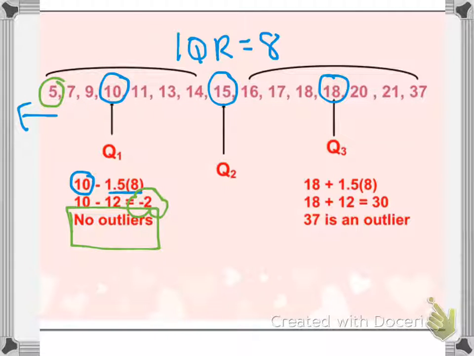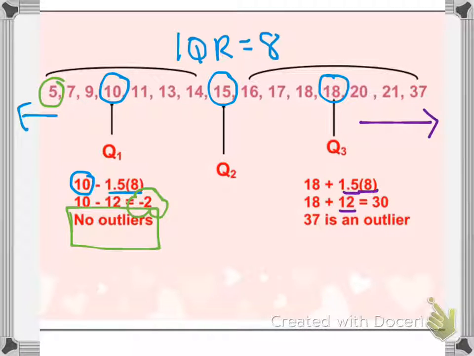But then we have to turn and do the same thing to the top of our data. 18 was Q3. Q3 was 18. Remember, 1.5 is standard, that's always there, and the 8 again came from the IQR. We already knew that 1.5 times 8 was 12. And this time we're adding it to our quartile because we want to see if there's anything up here that is too large.